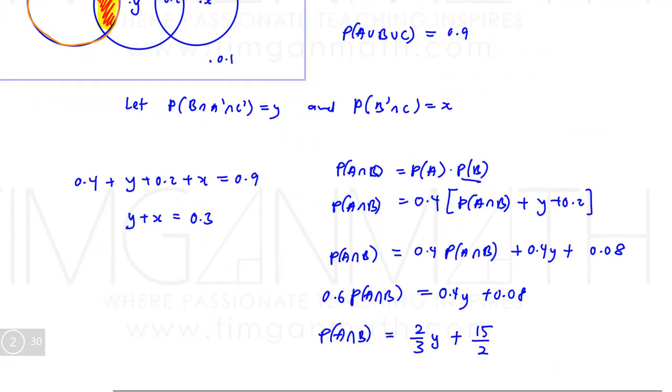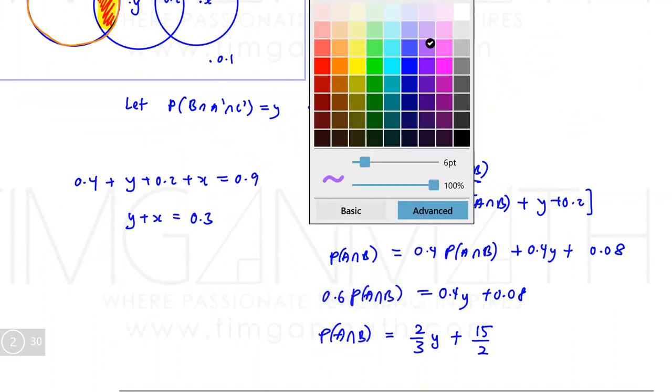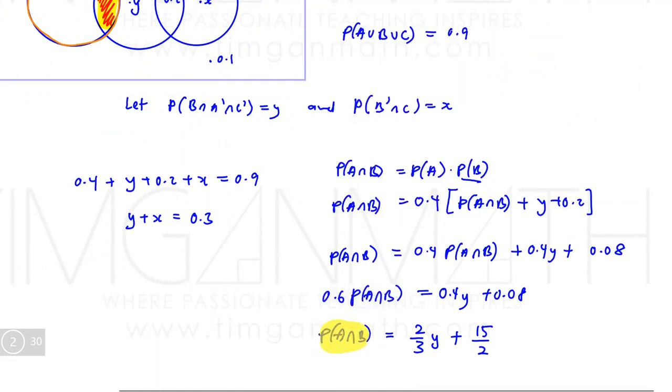Because in inequalities, we managed to find P(B) in terms of y. Now it's much easier. P(A intersect B) depends on y. So when is P(A intersect B) maximum? When y is what? How much can y be, from this first one? What is the maximum of y?